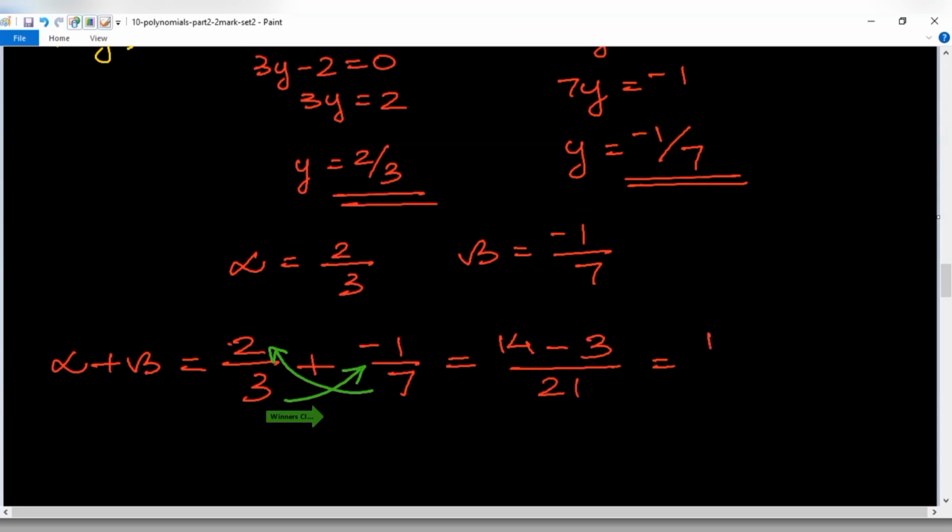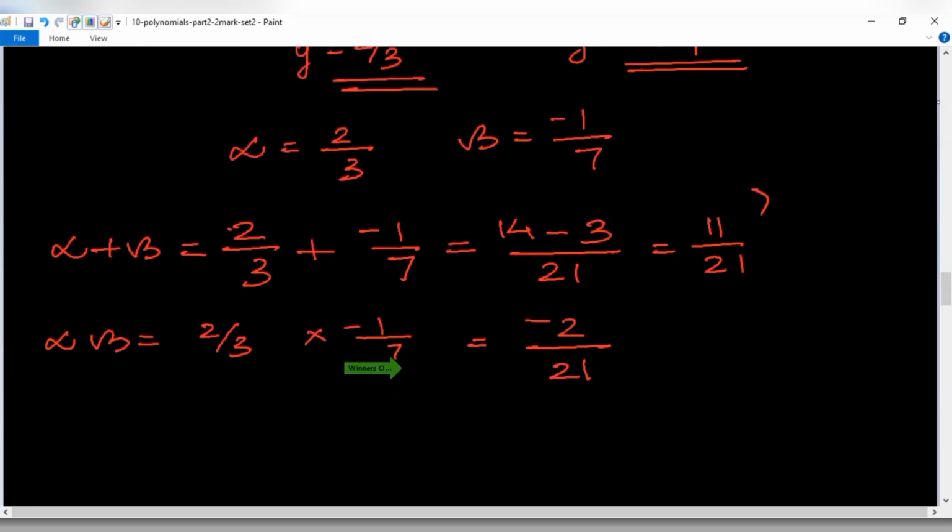So it is 11 by 21. And alpha beta is 2 by 3 into minus 1 by 7. So it is minus 1 into 2, that is minus 2, and denominator part 3 into 7, that is 21.